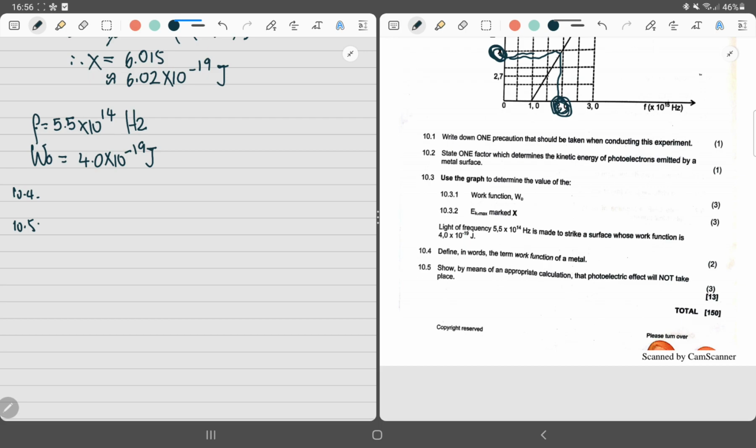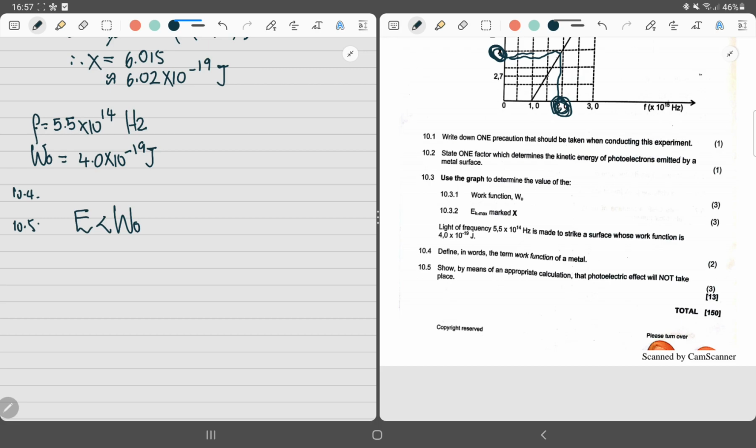Show by means of an appropriate calculation that the photoelectric effect will not take place. The only way that the photoelectric effect does not take place is if the energy supplied by the light is less than the work function.